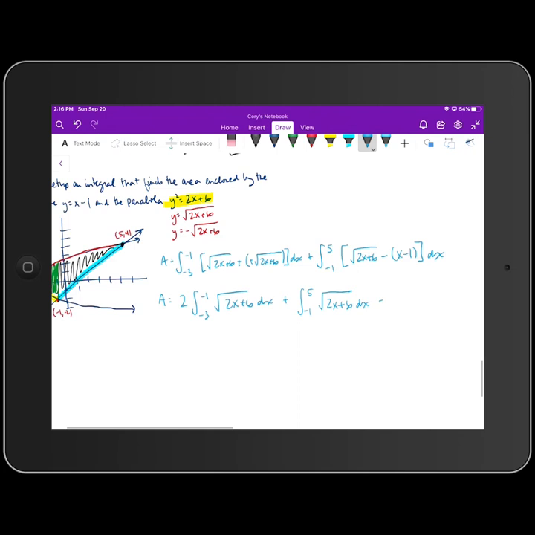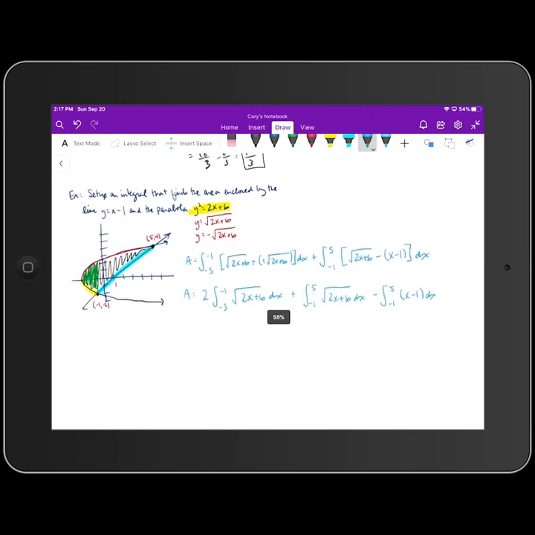And then we're going to subtract the integral from -1 to 5 of x minus 1, which we're integrating with respect to x. So again, that would be like a pretty brutal set of integrals for you to evaluate. You'd have to do 3 of them, 2 of which you would have to do by u substitution. So again, that's not the most efficient way for you to work this problem out.